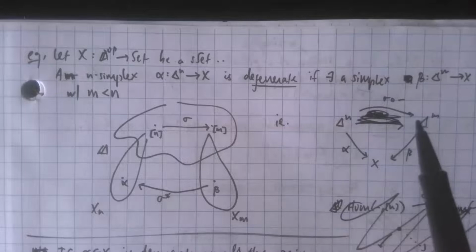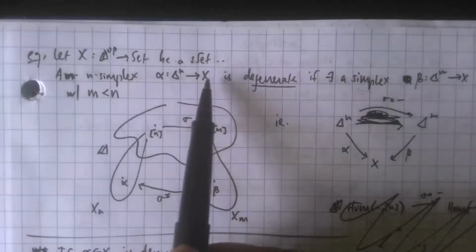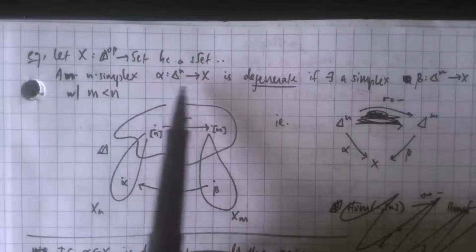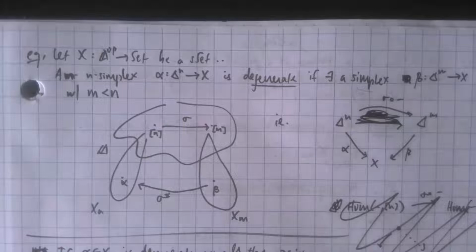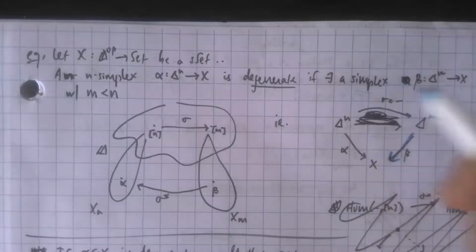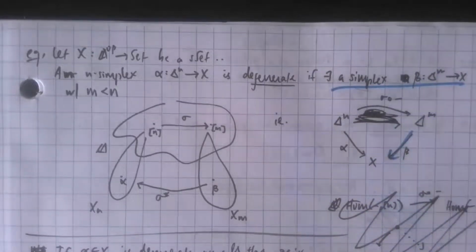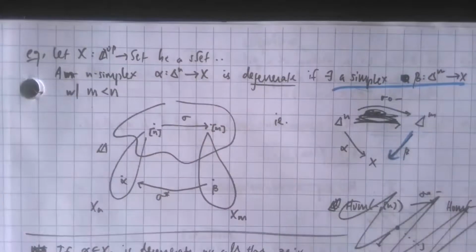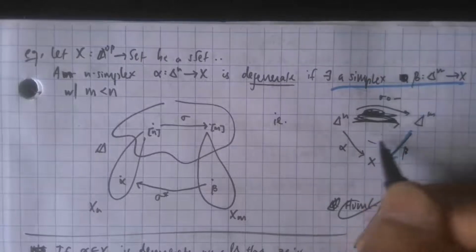An n-simplex we can identify with maps from the standard n-simplex into X, as we learned from Yoneda, and we say it's degenerate if it factors in this way: if there exists such a thing, where m is smaller than n, such that this commutes.